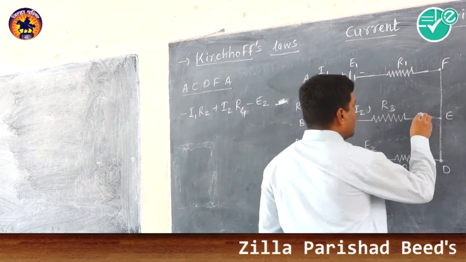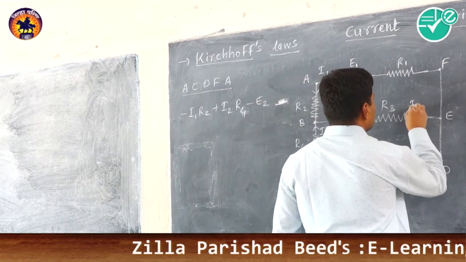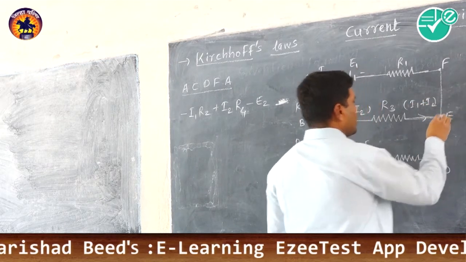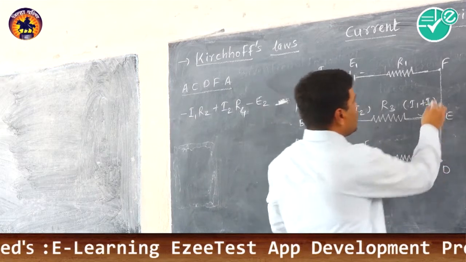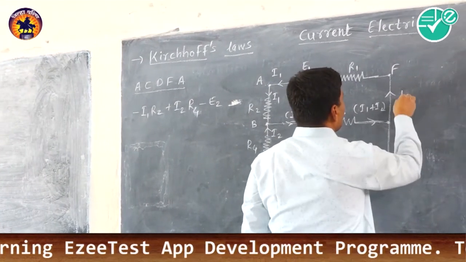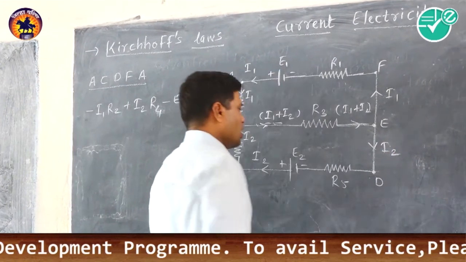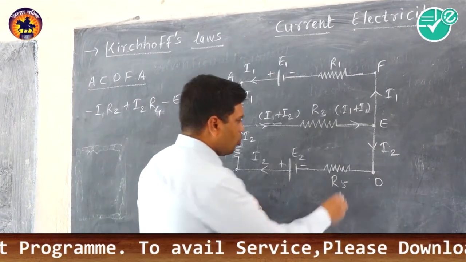Here the current is I1 plus I2, but at this point the current gets split up. The current flowing through E2F is I1 and the current flowing through E2D is I2, and the same current I2 is flowing through this resistor also.